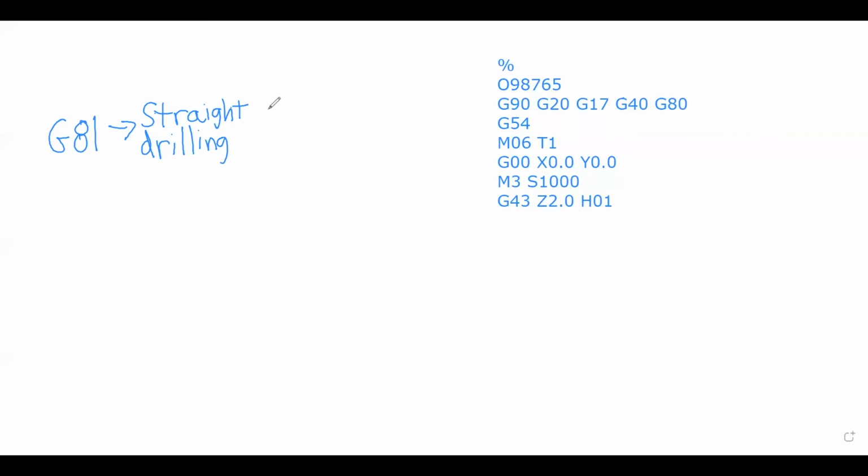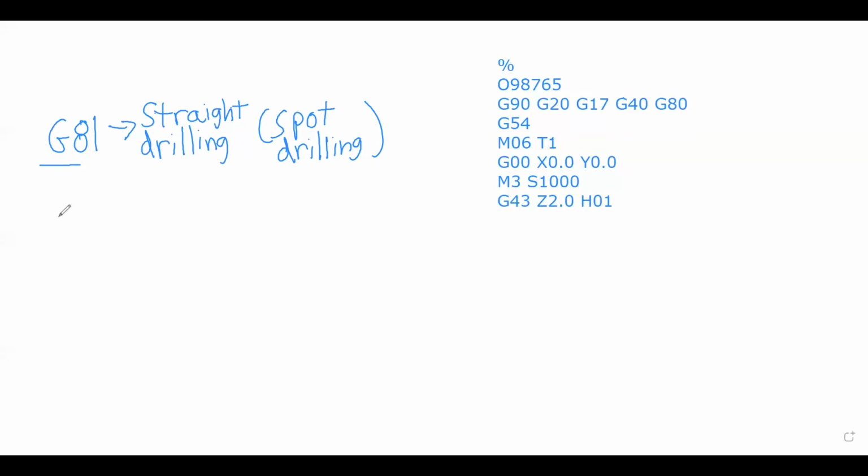So we're going to call up this code. We're going to give it some settings. We're going to give it locations. And when we run this cycle, the G81, the machine is just going to go down to a programmed Z depth and come back up and then move to the next location. This is a straight drilling cycle, G81. We'll be using it for spot drilling.